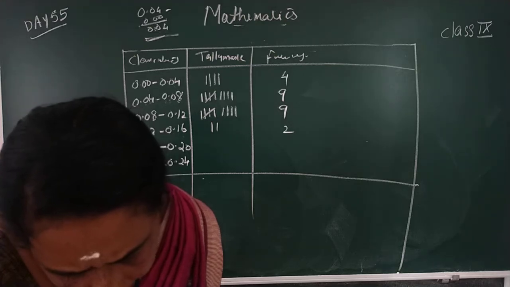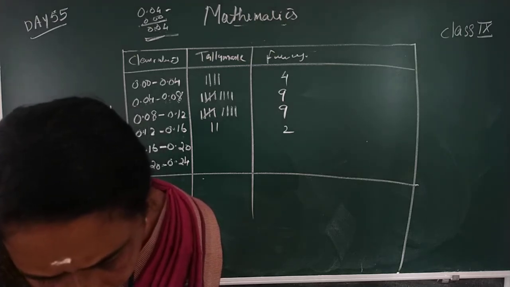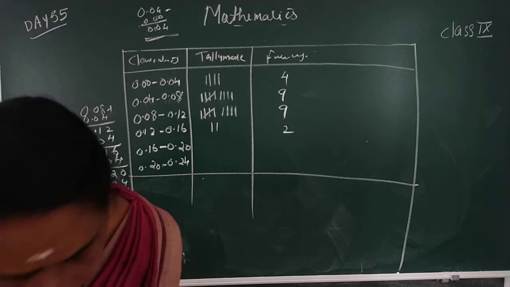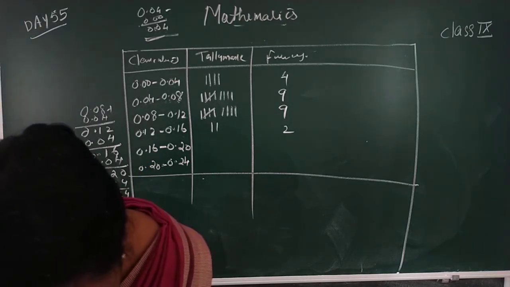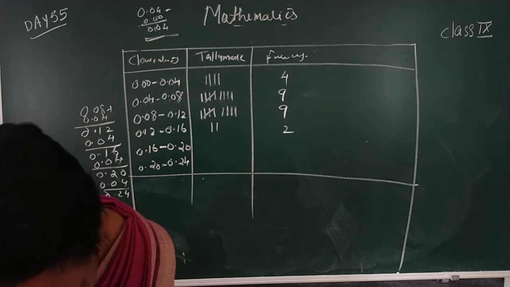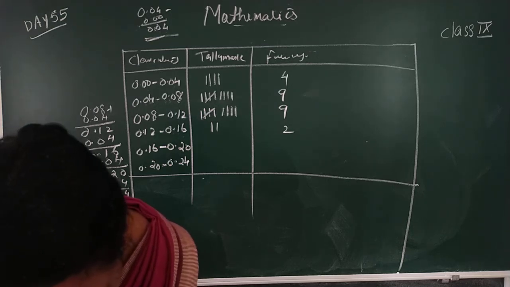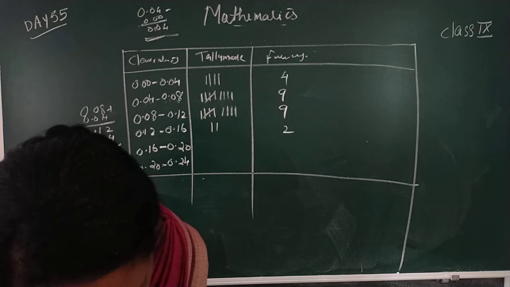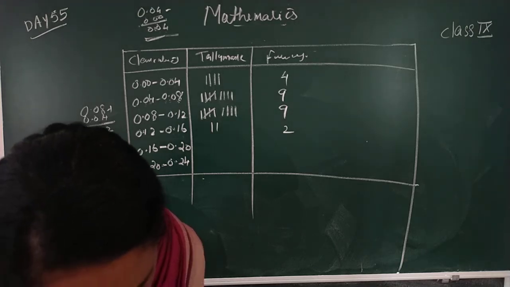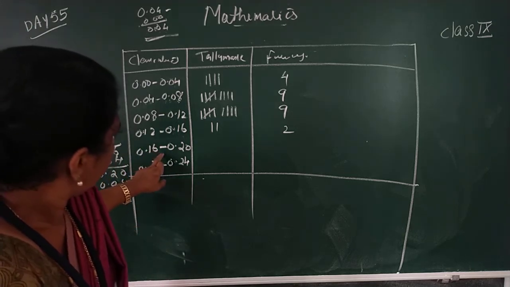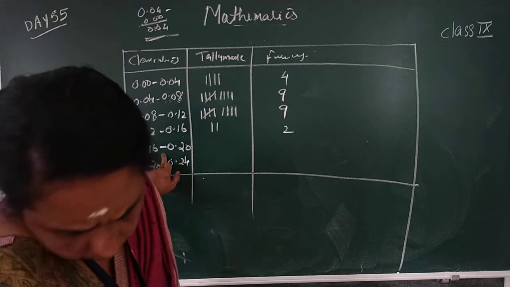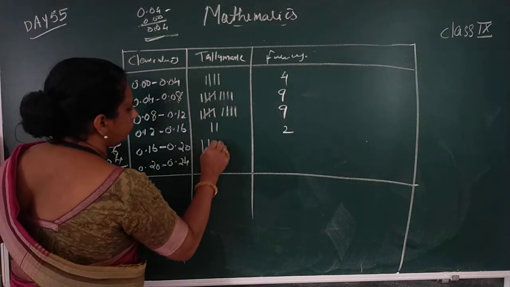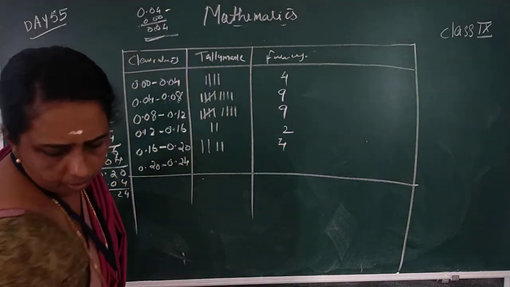Then 0.18 is there. Then 0.18 is there. 3. Then 0.16 is there. Then 4. 4 observations. 1, 2, 3.